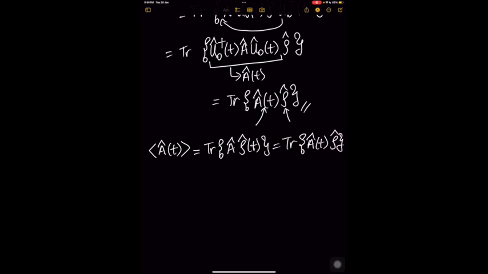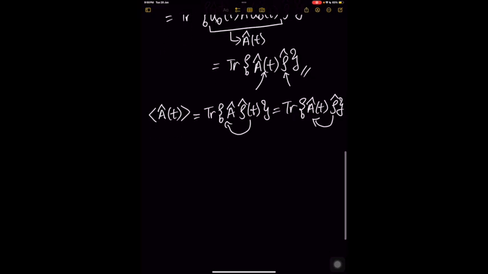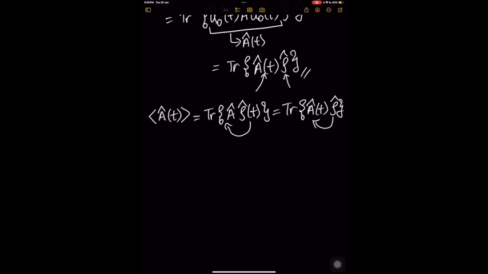Just a word of caution: these terms can be exchanged because of the cyclic permutation invariance of the trace. So don't be surprised if various sources mention it in the opposite direction. So that concludes that proof.